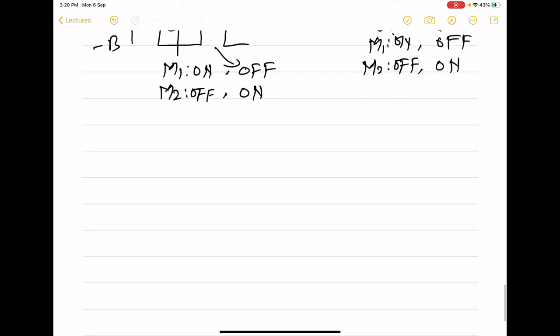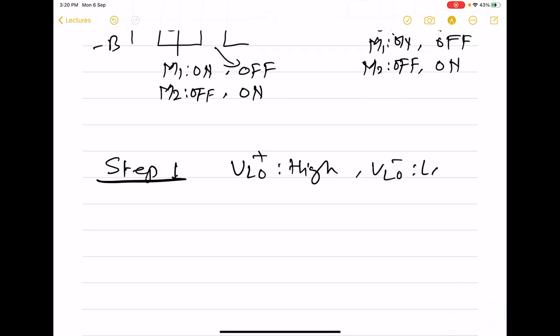So now we will take up the steps and try to find the output. So step 1. We consider VLO plus to be high and VLO minus to be low, and this will imply M1 to be on, M2 to be off.